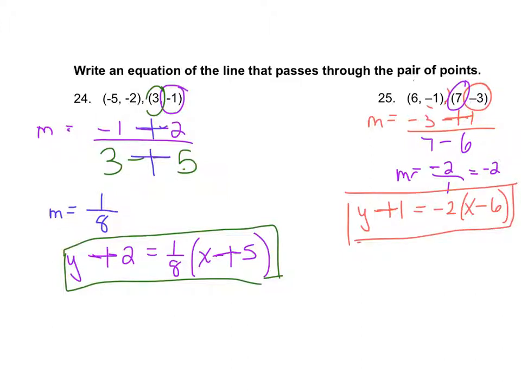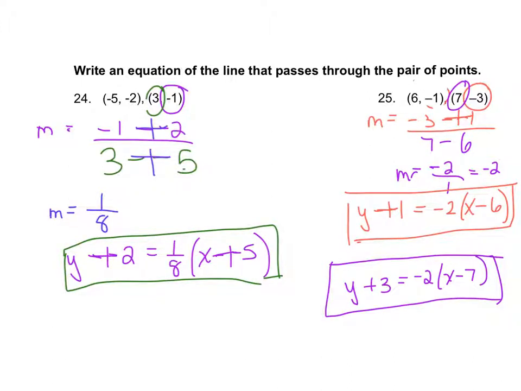If I would have done the other point, I would have said y minus y1 is equal to m times x minus x1. Now I want to show you how both of these equations, even though they look different, are actually the same equation. And that's the reason why it doesn't matter what point you choose.